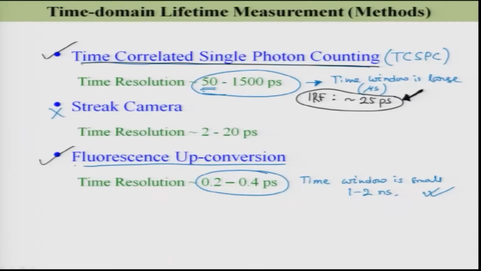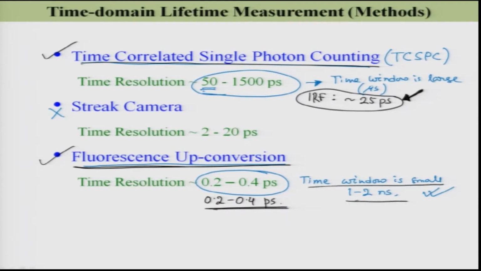For that, fluorescence upconversion is the technique where the time resolution is about 0.2 to 0.4 picosecond, as is written over here. The disadvantage here is that the time window is small, it could be 1 to 2 nanosecond, but here the time window is really large, it can go to the microsecond or millisecond time region. Okay.